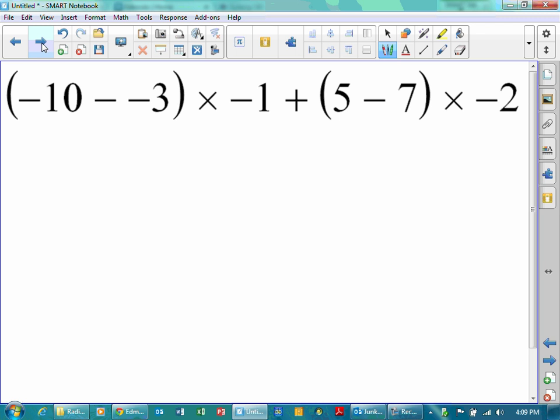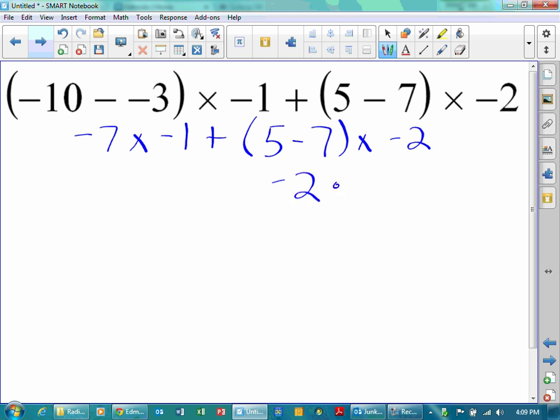Okay, parentheses first, negative 10 minus negative 3, keep, switch, switch, so that's negative 10 plus 3, we've got negative 7 times negative 1. Okay, other parentheses, 5 minus 7 is negative 2.